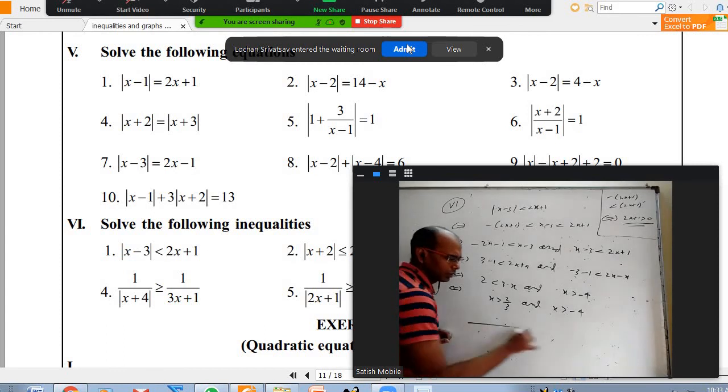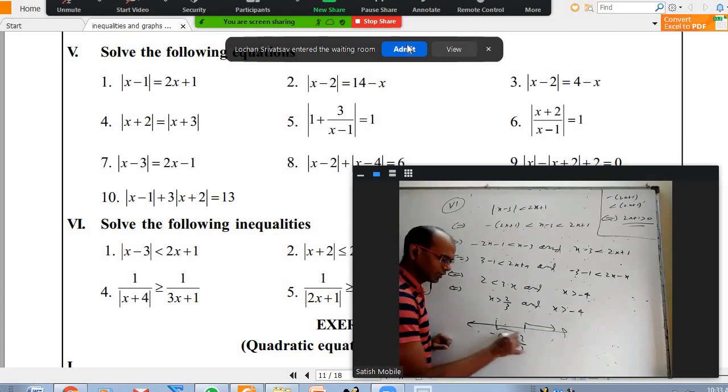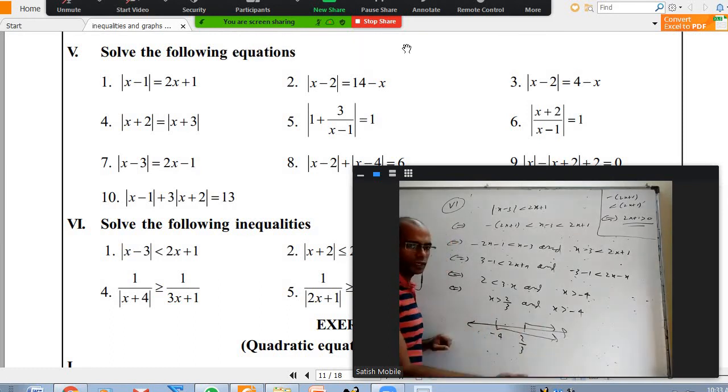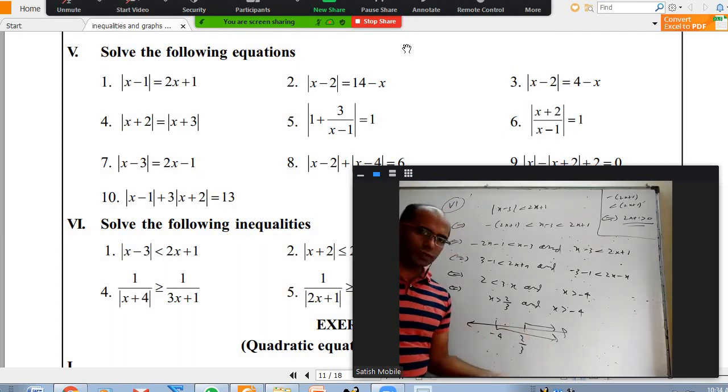Common sense also we can tell, but even otherwise, minus 4 is here, 2 by 3 here. I want x to be more than this and more than minus 4, both. If it is greater than the bigger number, it is automatically greater than the smaller number.